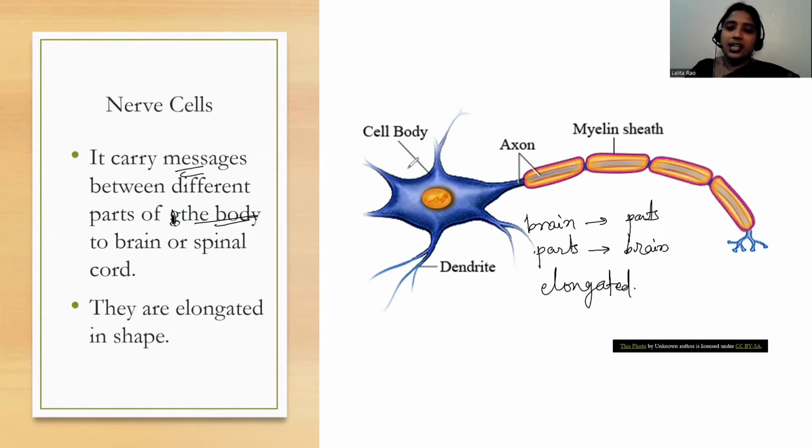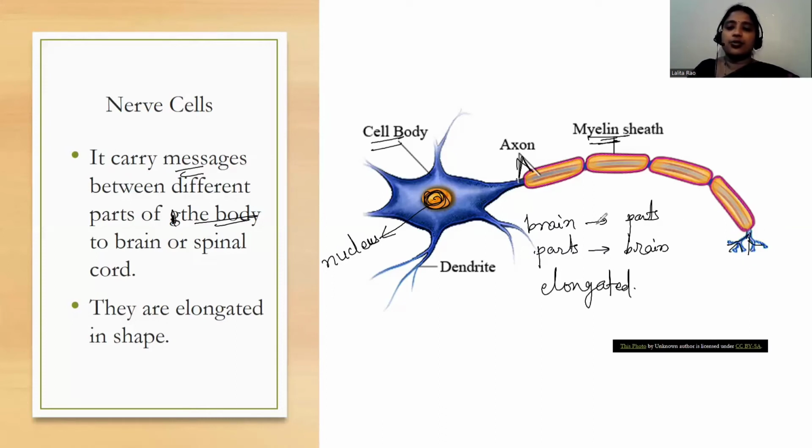So this is the nucleus. As you know, a cell has a nucleus. So this is the nucleus of the cell, this is the cell body, and this is known as the axon. This covering is the myelin sheath, and it also has some branches over here.